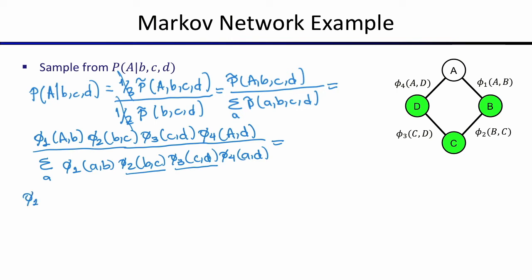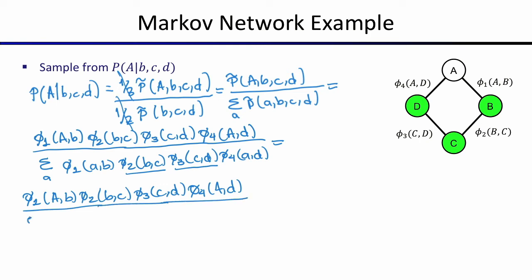So we have phi1 AB, phi2 BC, phi3 CD, phi4 AD over phi2 BC, phi3 CD, and the sum over A for the remaining factors, phi1 AB and phi4 AD.